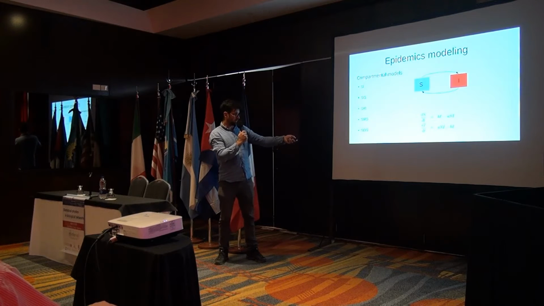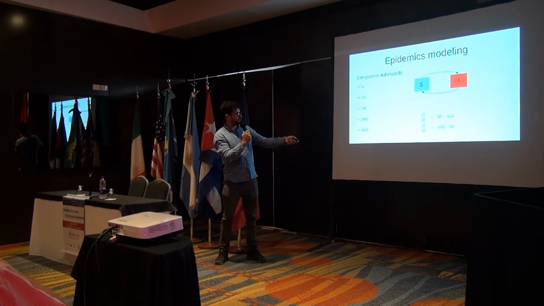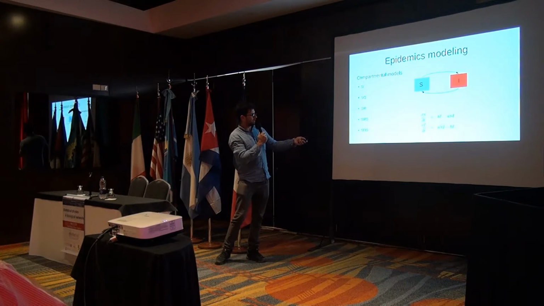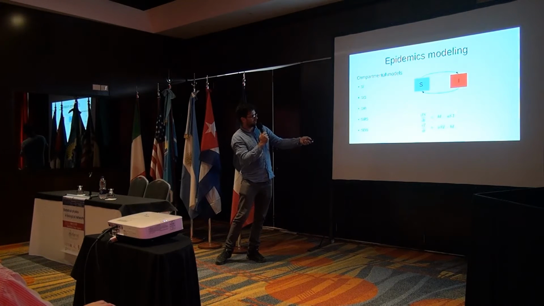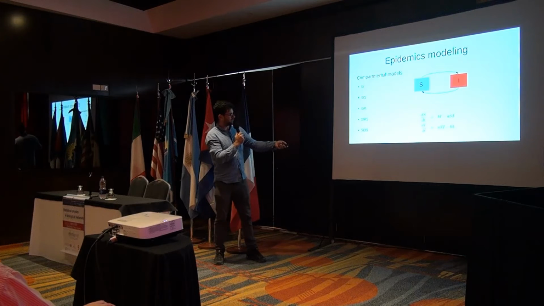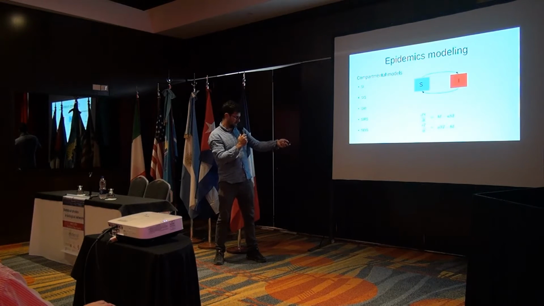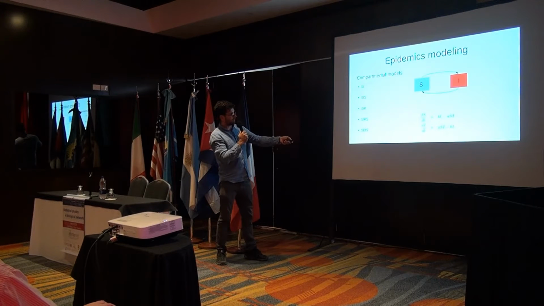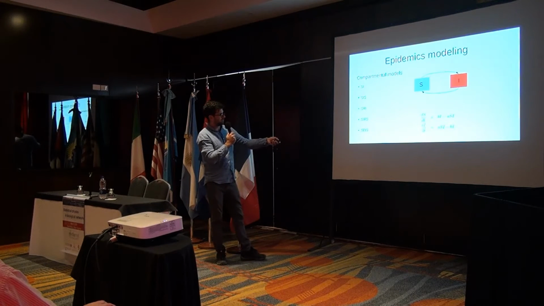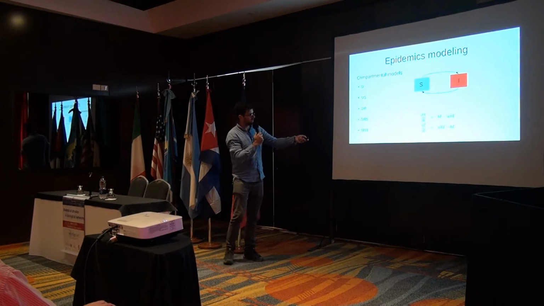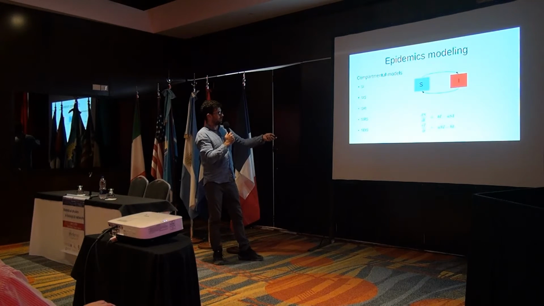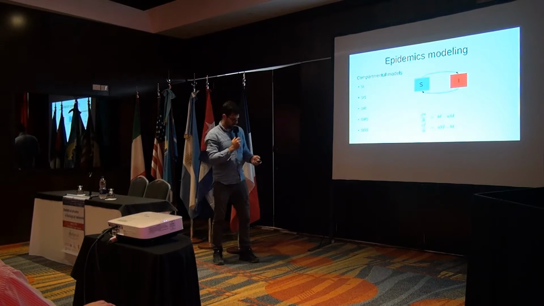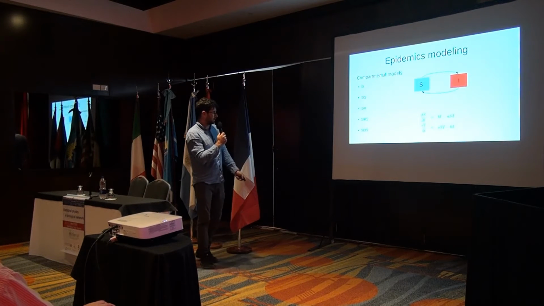You have a rate of decay of the susceptible population, which is leaving because it's getting in contact with the infected population. And then exactly this amount appears in the other population. And then you have a spontaneous recovery process in which the infected population, with a certain rate, can go back to being susceptible. So this is one of the typical models.